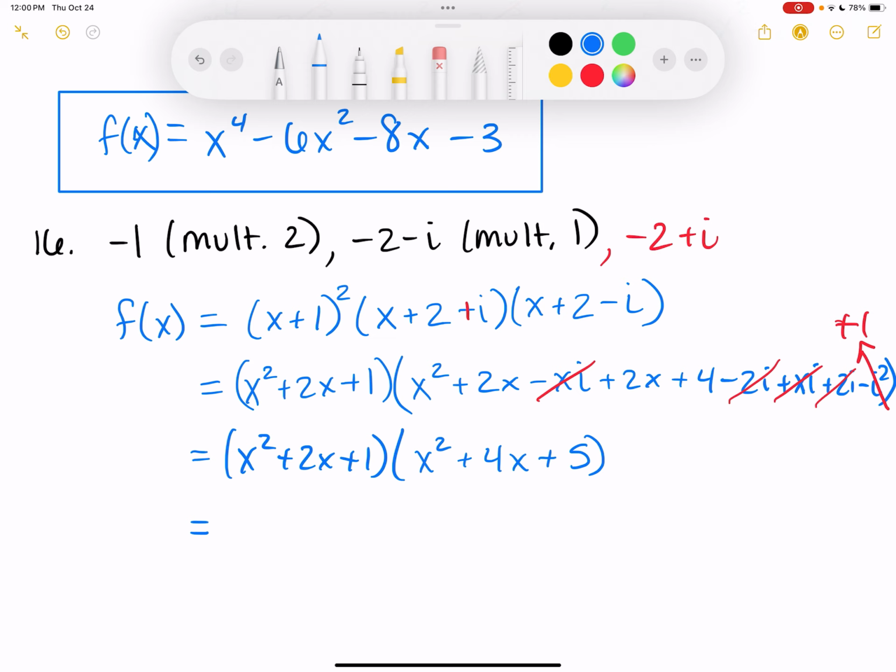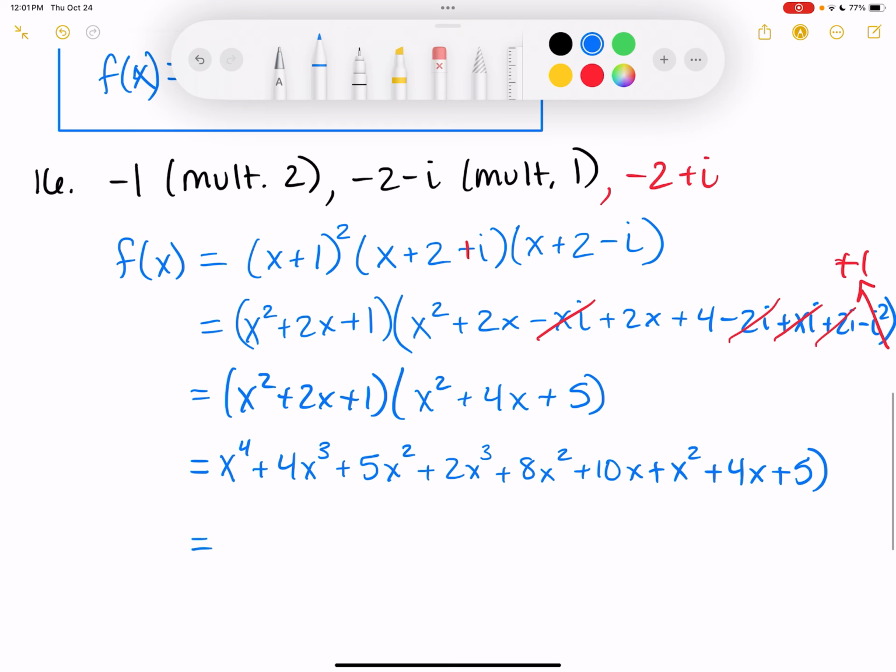So then multiplying this, I've got x to the 4th plus 4x cubed plus 5x squared plus 2x cubed plus 8x squared plus 10x plus x squared plus 4x plus 5.